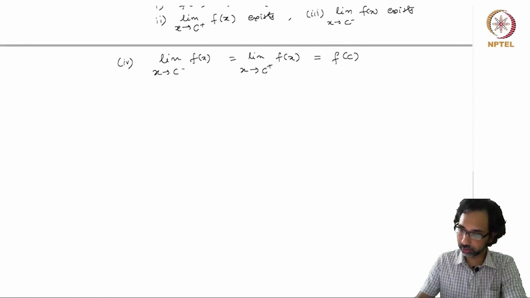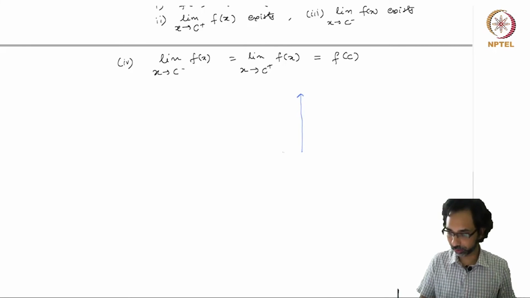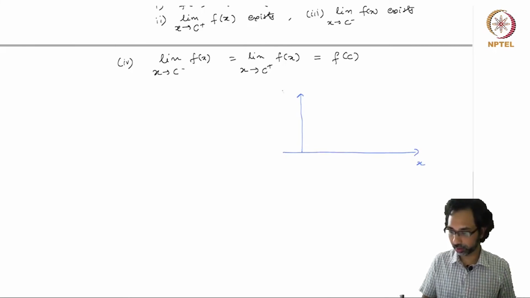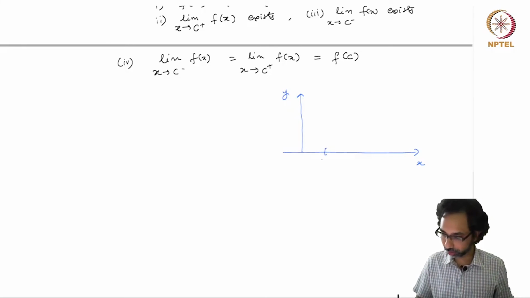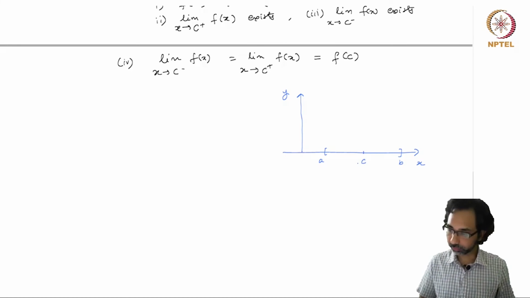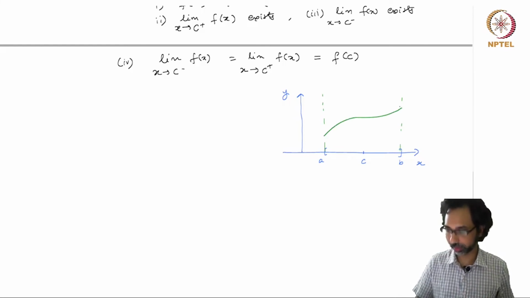So graphically, let me draw a picture. Suppose here is your a, here is your b, and you are considering some point c in between, and your function looks something like this. So this is y equal to f(x).